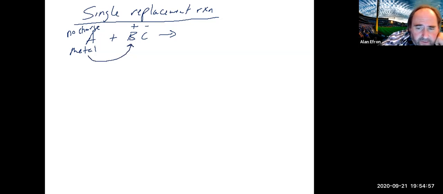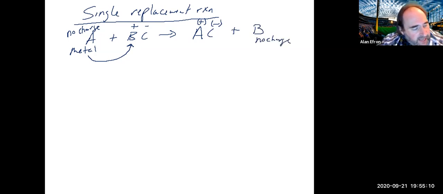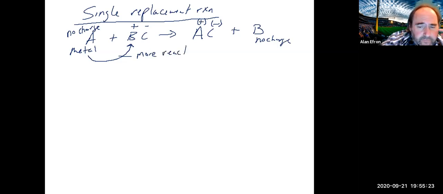When it kicks out the positive guy, it will gain a positive charge and hook up with the negative guy, and the B will come out with no charge over here. That's your classic single replacement reaction. One guy comes in, kicks out the other guy. In order for the guy coming in to do this, it needs to be more reactive than what it's replacing.